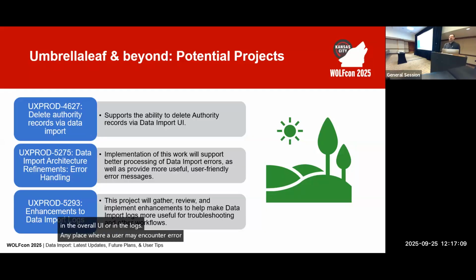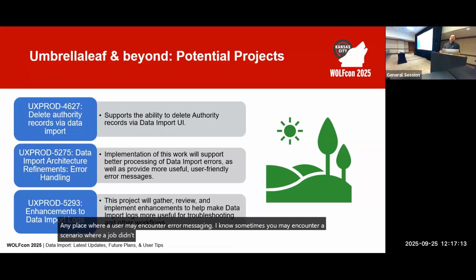I know sometimes you may encounter a scenario where a job didn't process as expected, and the error messaging you see might not be the most user-friendly. So we want to do some work there to make it easier to follow and understand exactly what occurred so it's easier to troubleshoot.